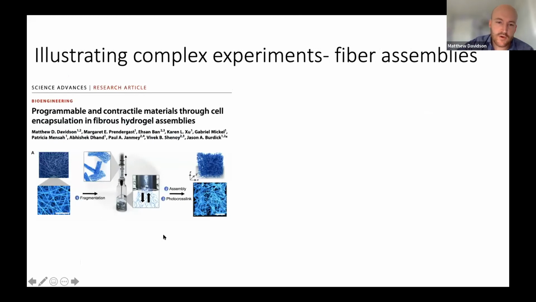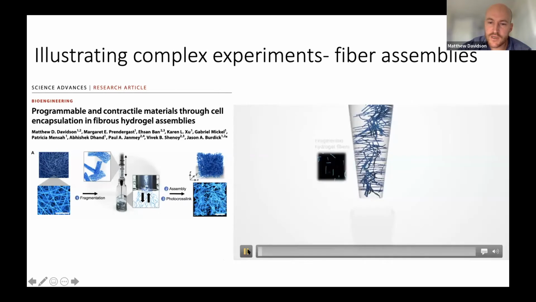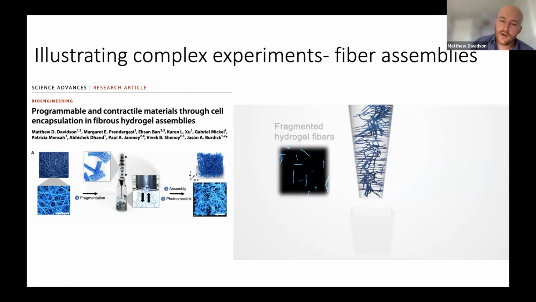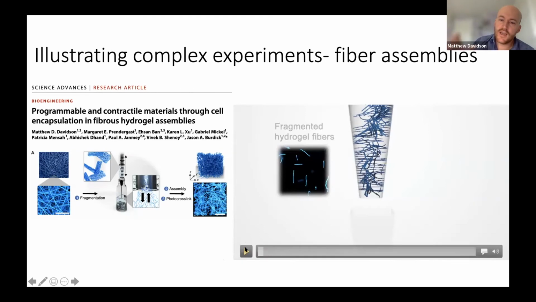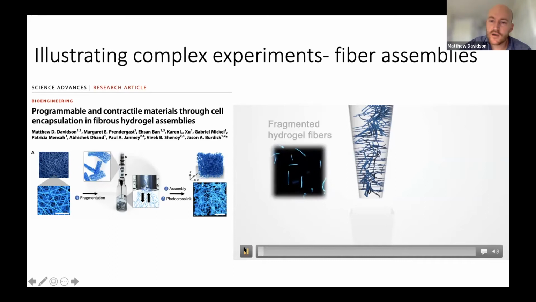Another example I showed previously during a presentation here at CEMB is on this recent work that we had accepted on these fiber assemblies. Using all the tools I've shown you so far, I was able to make this animation, and I integrated it with some real data using another software called Adobe After Effects, which is essentially video editing software.